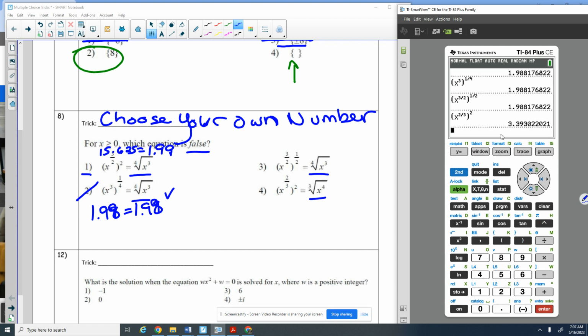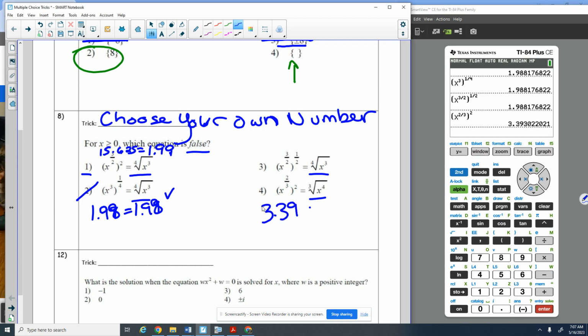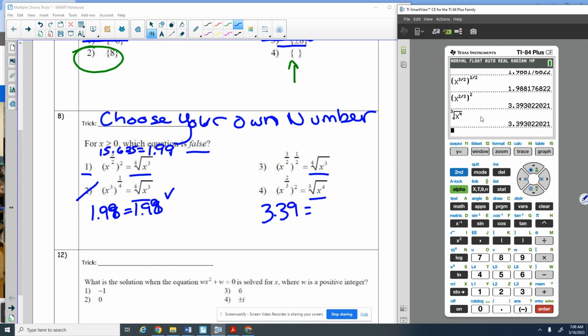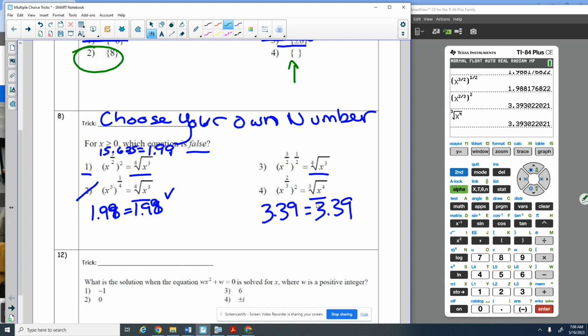So now I'm looking for a different number. I have 3.39, seeing if that equals the cube root of x to the 4th. So that's choice 4, x to the 4th, and that one also works. So each of these work, except for one. One is my answer. So those are your two main go-to tricks.